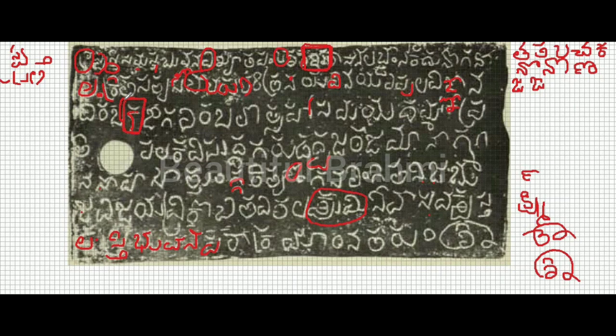I could not figure out what this orthography means. I'd love my viewers to put their views in the comment section as to what these three graphemes in this inscription mean.